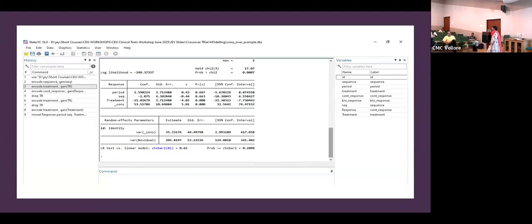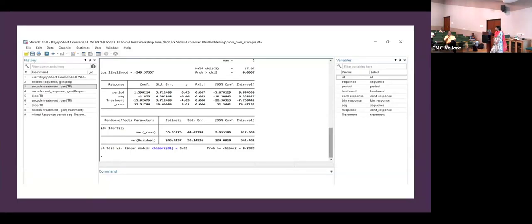That's the sequence. So you compare the two periods. Period one, you take the average response A minus B in period one and A minus B in period two. Compare it. That is period effect.